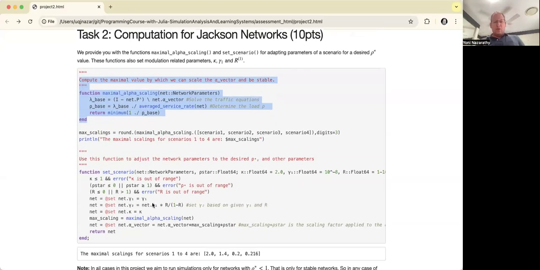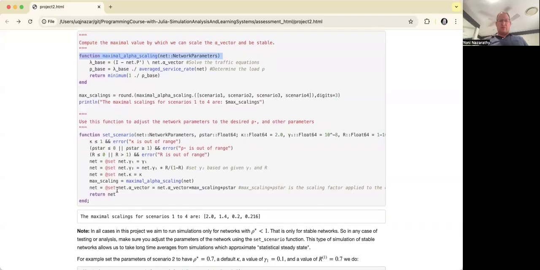And then we use it in this more important function, and you're going to use this more important function, set scenario. You're not going to use this maximal alpha scaling, okay, unless you want to for some reason. This function, you give it a network. You give it the rho star that you want for that network. So you say, I want rho star 0.99. I want rho star 0.8.